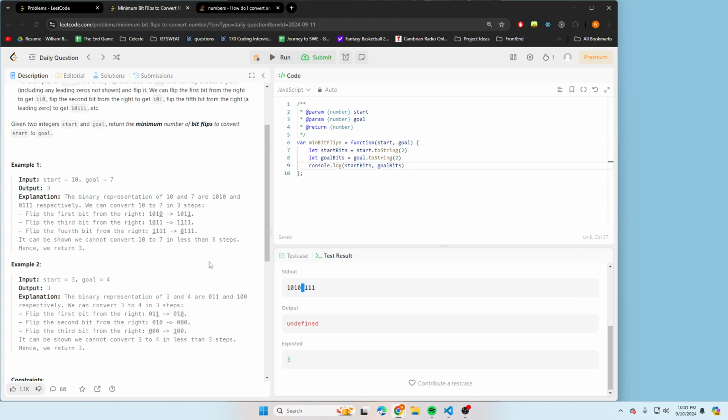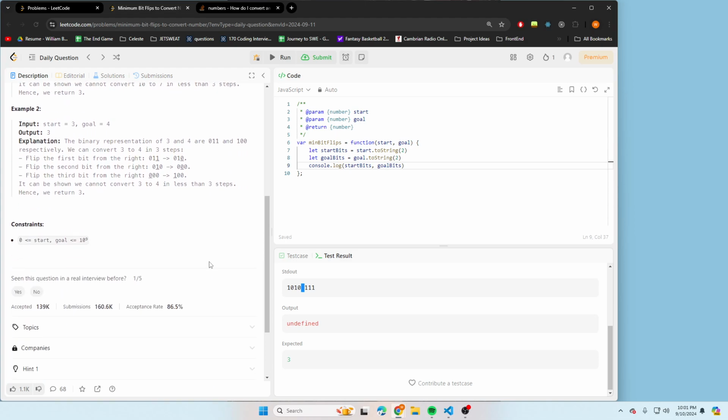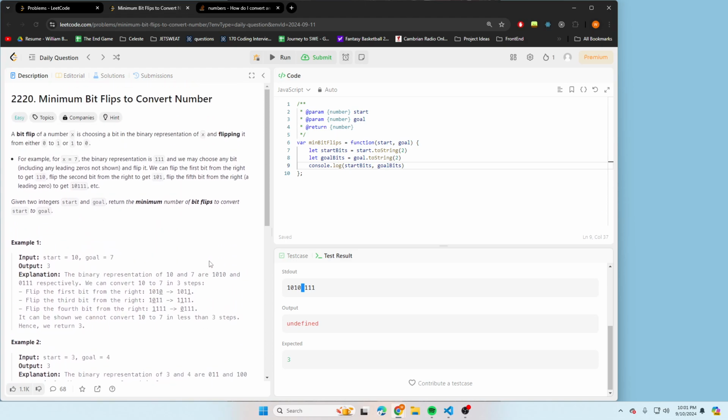How do I make it equal length? I want to give up already. Honestly. So, minimum bit flips to convert number. We may choose any bit, including any leading zeros not shown, and flip it. Okay, so leading zeros are not shown, and we still need to be able to flip them.